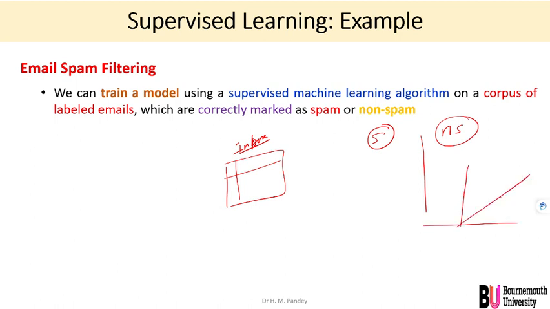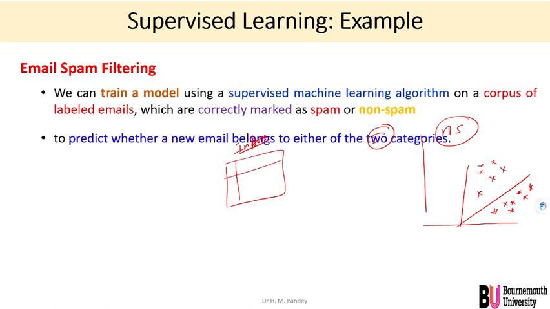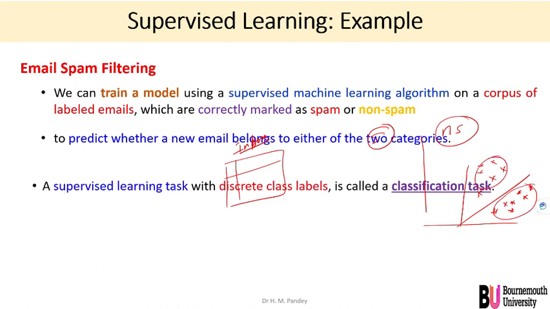So you will classify, let me assume this cross represents spam email and this star represents non-spam email. So you are going to create a classification of email data, to predict whether a new email belongs to this group, that is spam email or non-spam email, if a new email comes. So a supervised learning task with discrete class labels is called a classification task.